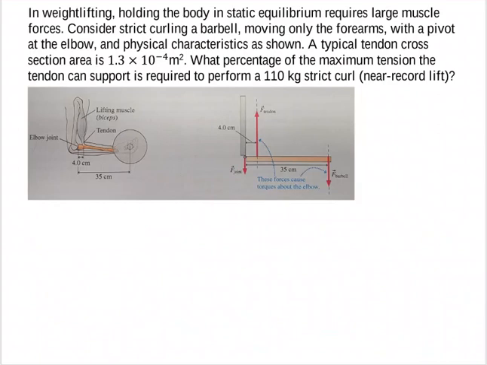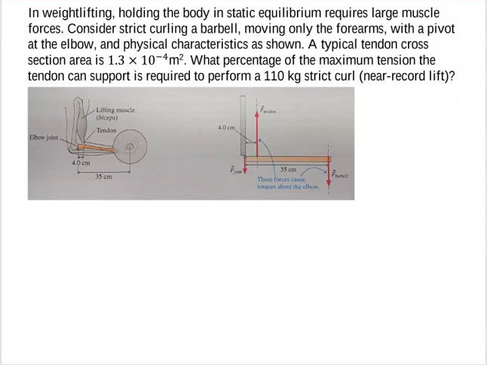Oh, look at that. We are talking about weightlifting. When you're holding the body in static equilibrium, it requires large muscle forces. Consider strict curling a barbell. That means you're not moving any other muscle but the one you're supposed to move, the biceps. Everybody, when they are curling, is always wandering all over the place, using their back, throwing momentum into things.